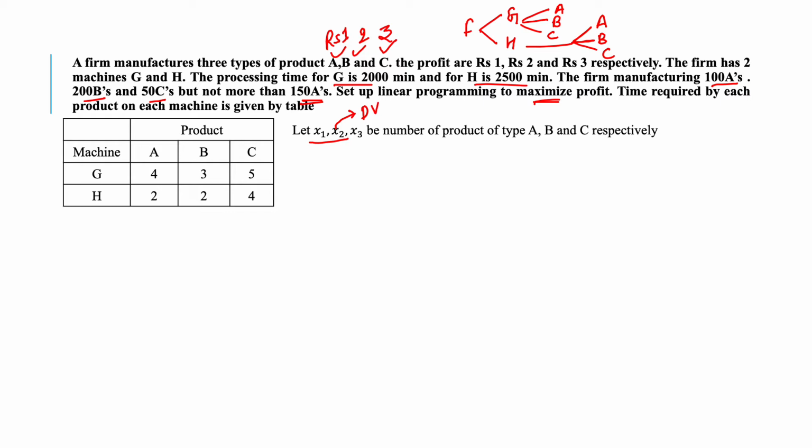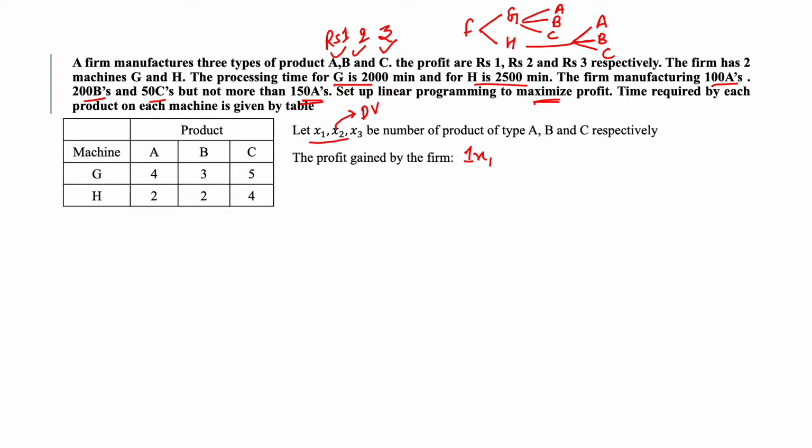Okay, so these are my decision variables. Next I have to formulate my objective function. What will be my objective to solve this problem? My objective is to maximize the profit. Suppose I am selling x1 number of A's, so what profit will I gain? I will gain 1 x1.